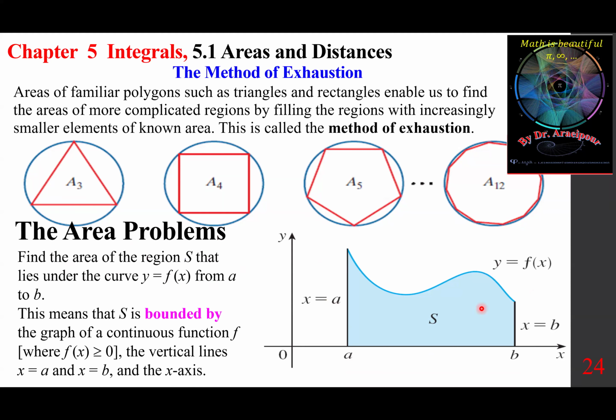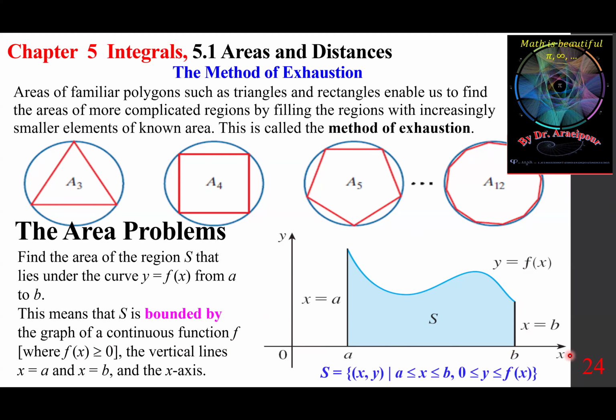Find the area of the region S that lies under the curve y equals f of x from a to b. This means that S is bounded by the graph of a continuous function f, where f of x is greater than or equal to 0, so it is above the x-axis, the vertical lines x equals a, x equals b, and the x-axis, y equals 0.